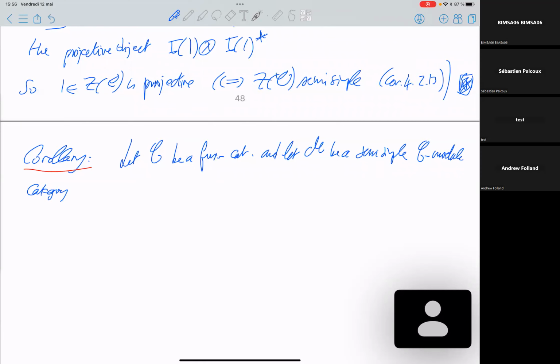Then the dual of C with respect to M is multifusion, and fusion if and only if M is indecomposable.